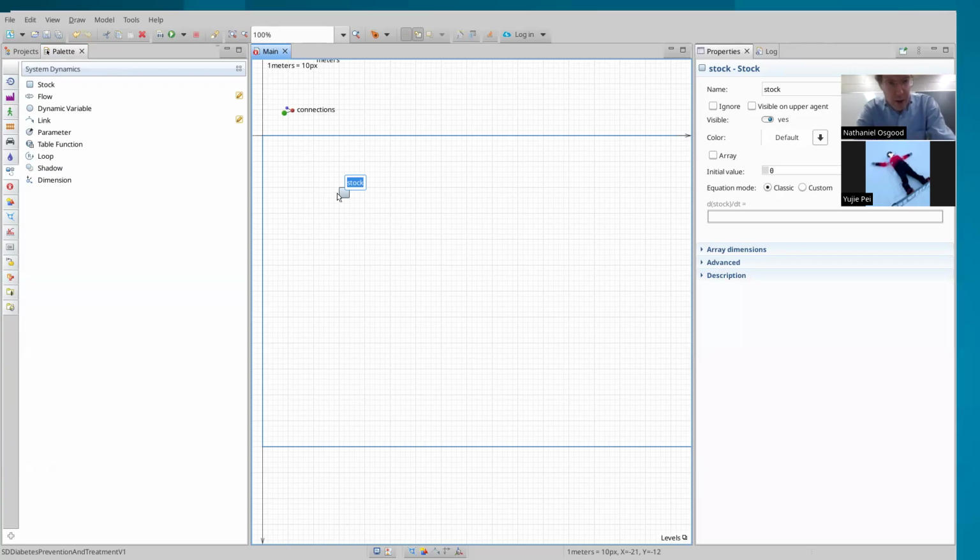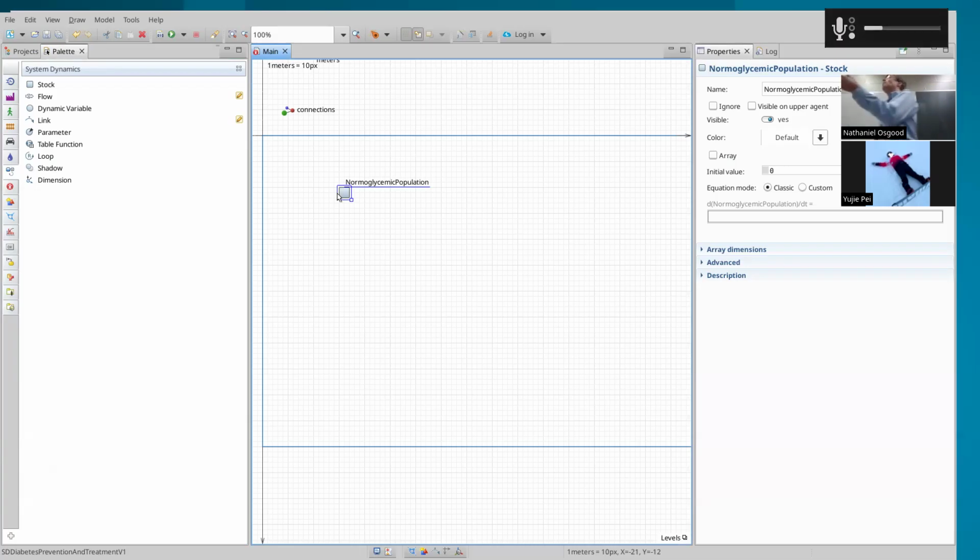We're going to call it normoglycemic population, meaning the population with normal levels of blood glucose. That's most people in the population, as it turns out. But if that's a bit long for you, you could call it NG population. And the point is, it's going to be an aggregation. The value of that stock is going to be a count of people at any one time who are in it. Okay.